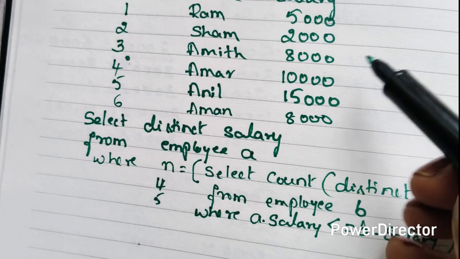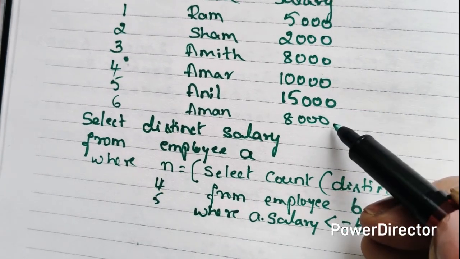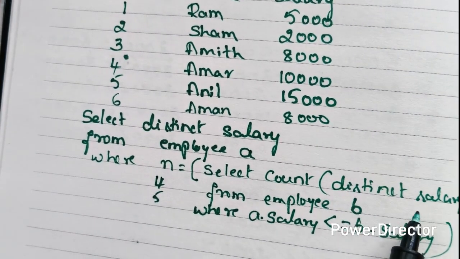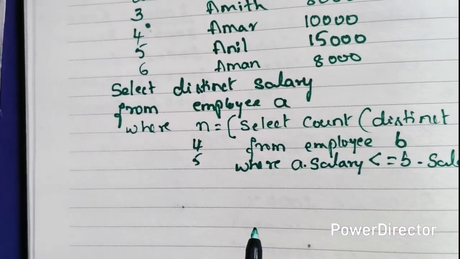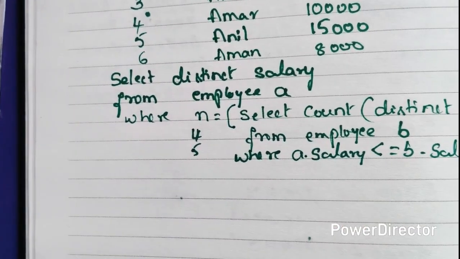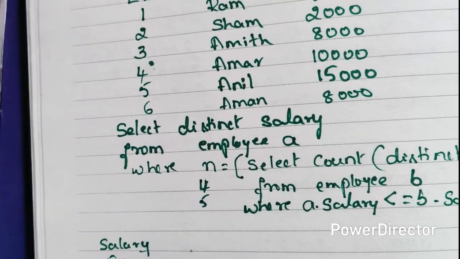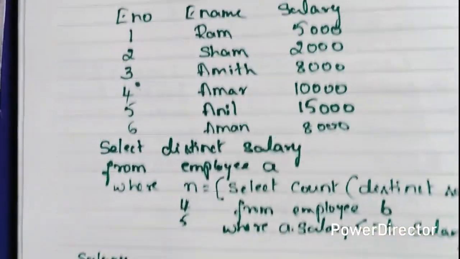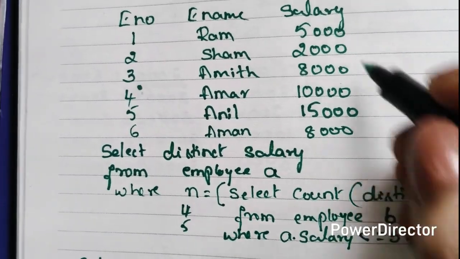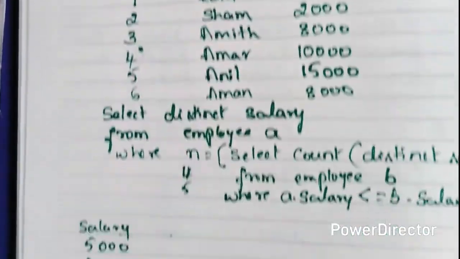Here 8,000 is there and 8,000 is here also. Distinct salary means it will remove the duplicate values. So once you remove the duplicates, the salary column looks like this. It has removed the 8,000 because 8,000 appeared twice in this particular column.